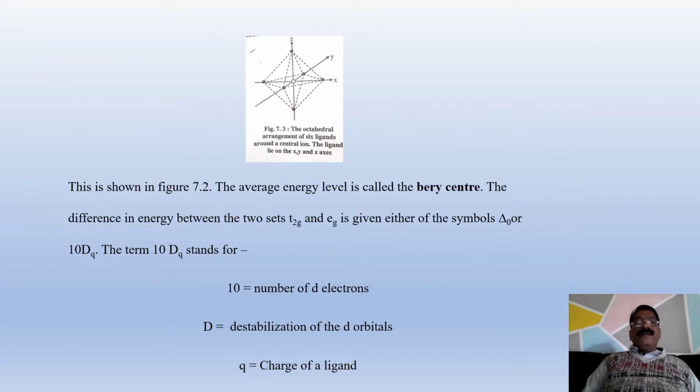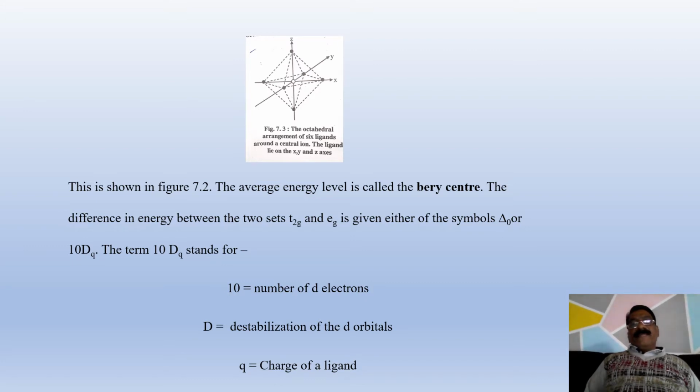See here in the figure, the hollow circle at the center indicates the central metal and the solid circles indicate the ligands. On the x-axis there are two ligands, on the y-axis there are two ligands, on the z-axis there are two ligands.